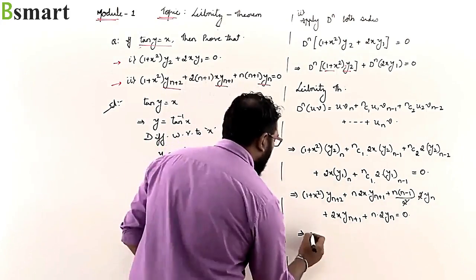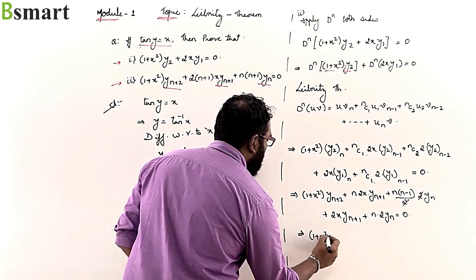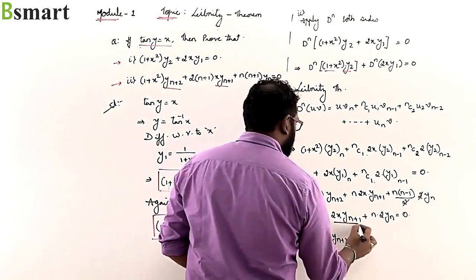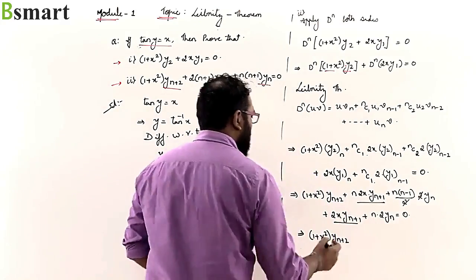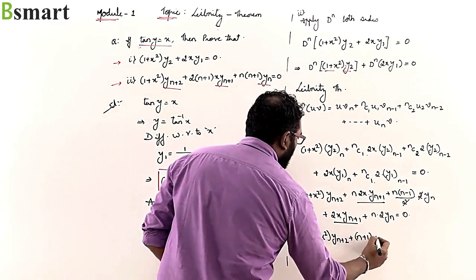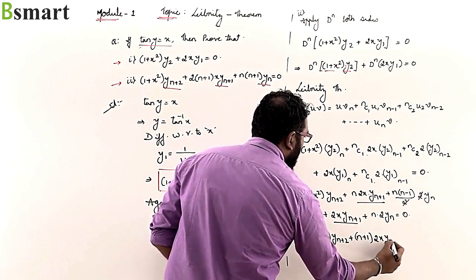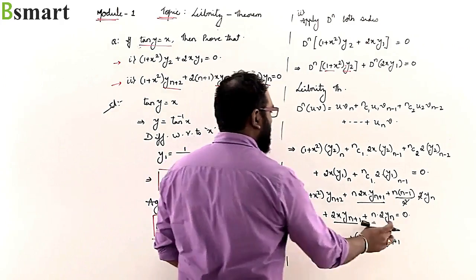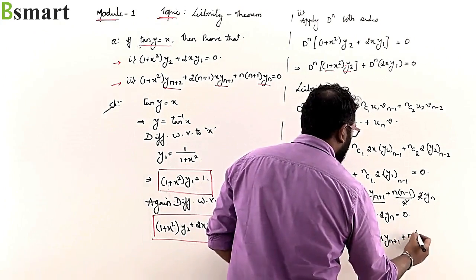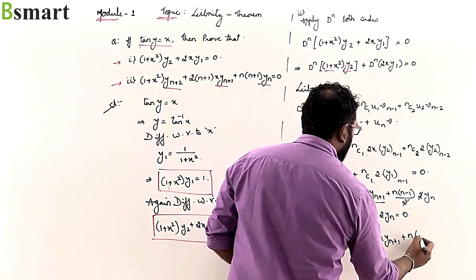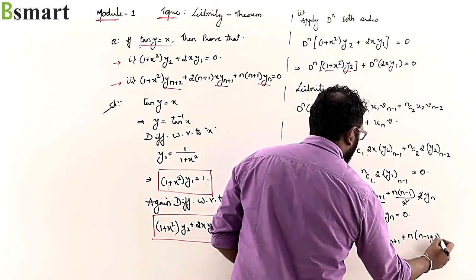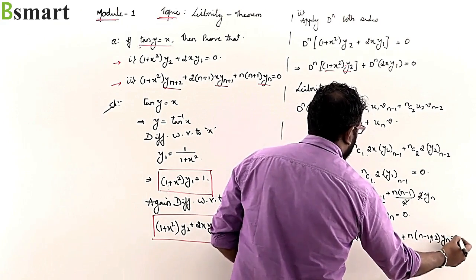So then we'll be getting (1 + x²) into yₙ₊₂, and from these two can we take out 2x common? So that will be (n + 1) into 2x into yₙ₊₁, and from these two I'll take out n into yₙ common. So then we'll be left with (n − 1 + 2) into yₙ equals 0.